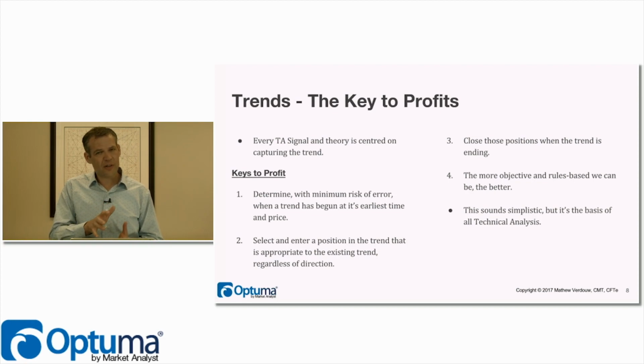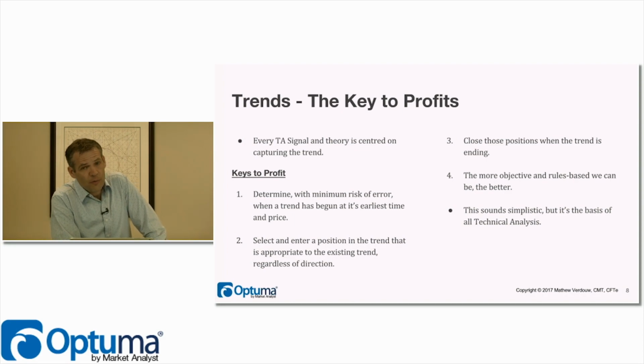So the positions that we take need to be appropriate to where we think we are. If it's a continuation of a primary trend, but the primary trend has been going for a long time, we may be a little bit dubious about putting everything in. So those are things to watch.